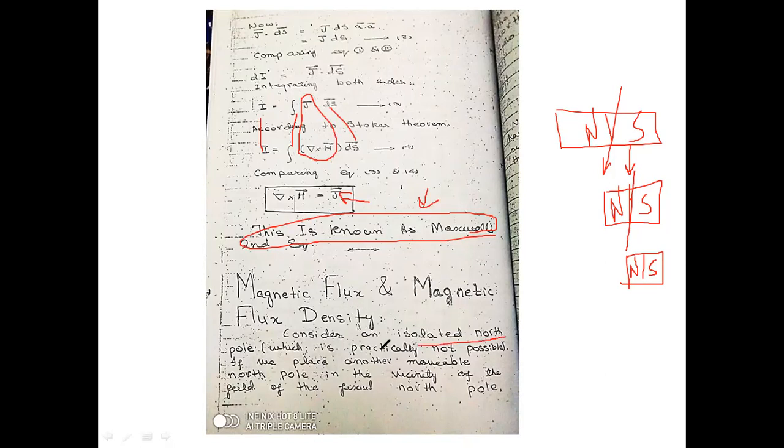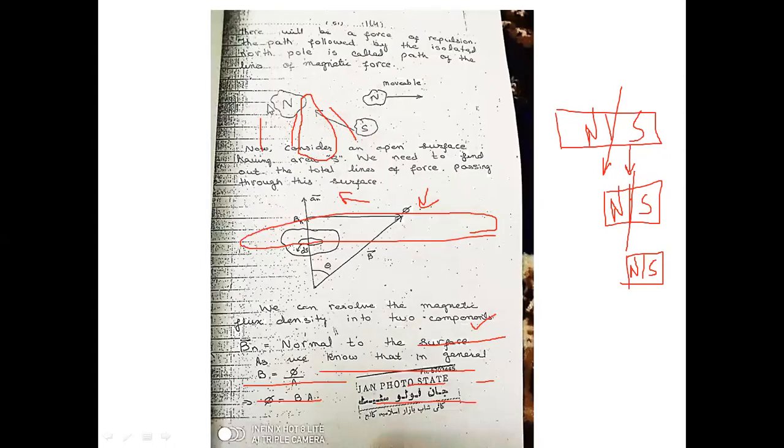But for the case of repulsion and attraction, let's suppose we consider an isolated north pole. If we place another movable north pole in the vicinity of the field of this fixed north pole, a repulsive force will be observed. There will be a force of repulsion.